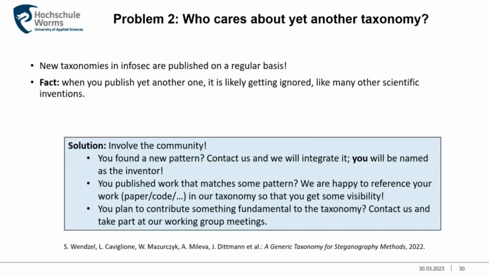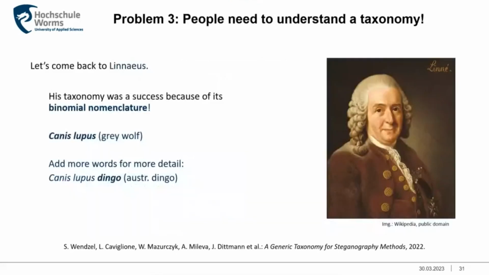If someone tells us, hey, I have published something that belongs to that pattern X, then we say, okay, that's good. Send us a link. We link your paper as a reference, so your work gets linked on the website and so on. So it's a very open thing. It's not that only some people tell the world this is the taxonomy. No, it should be a community thing. Otherwise, nobody might want to contribute to it.